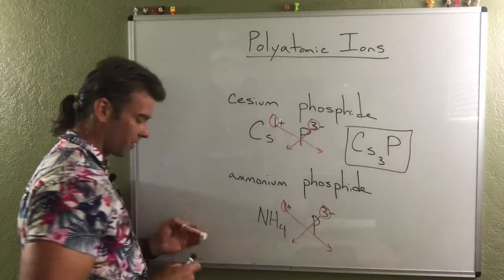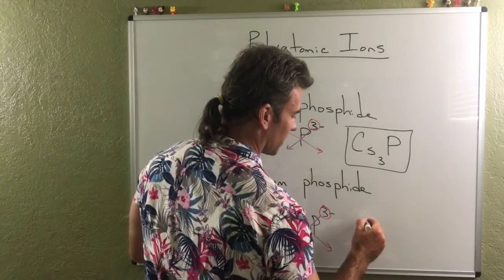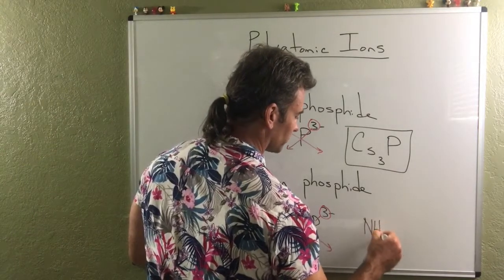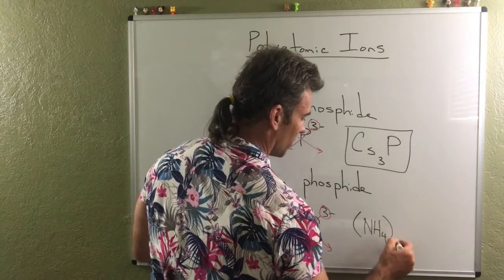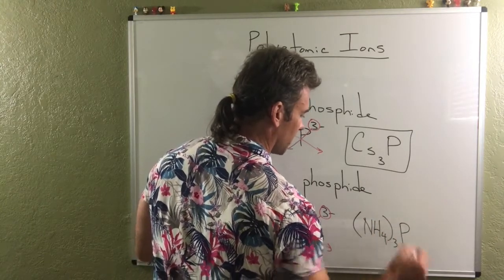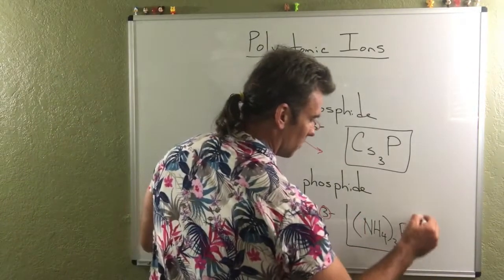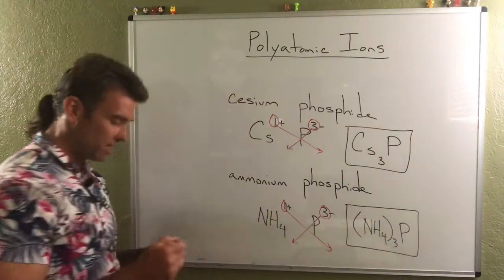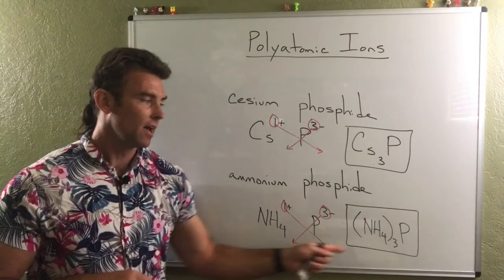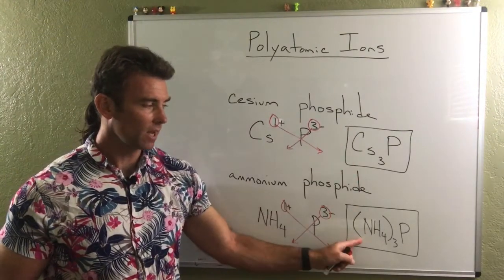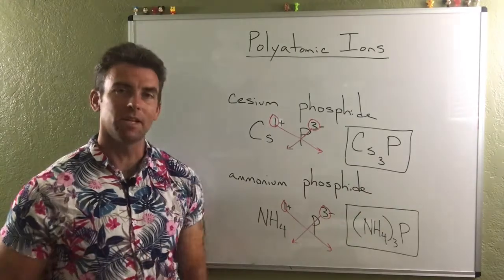What we end up with for a formula for ammonium phosphide is our ammonium taken 3 times and a phosphorus, right? We know that anytime we've got more than 1 polyatomic, we need to include parentheses. So you'll notice here the 2 appearances of this particular ionic compound.